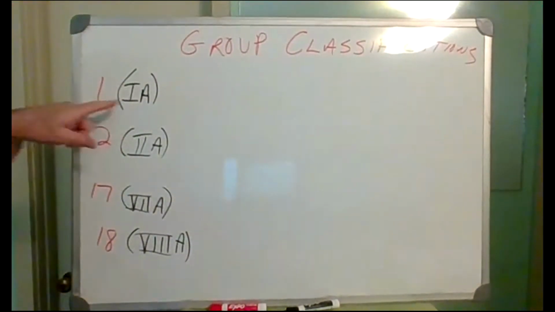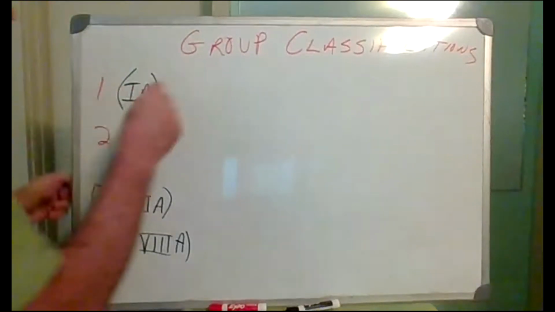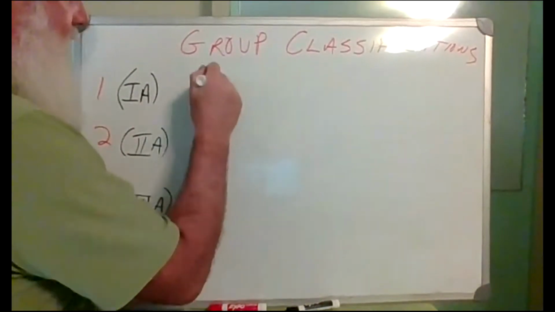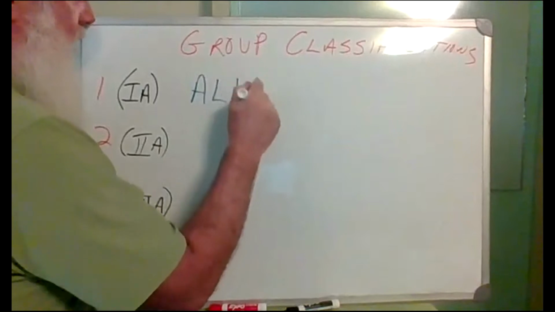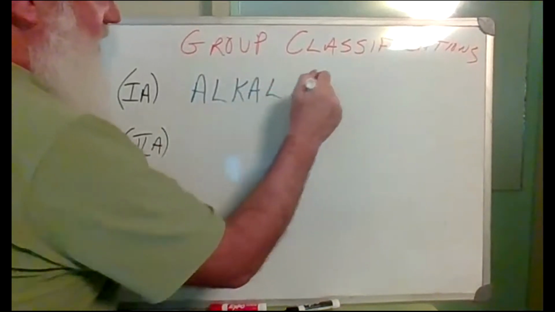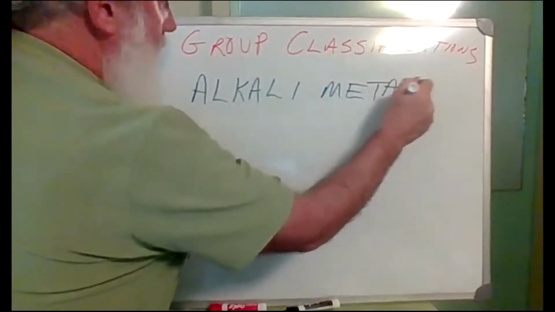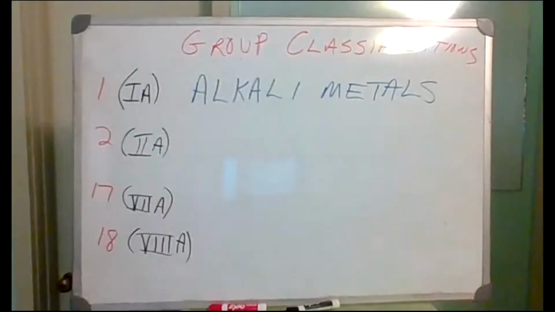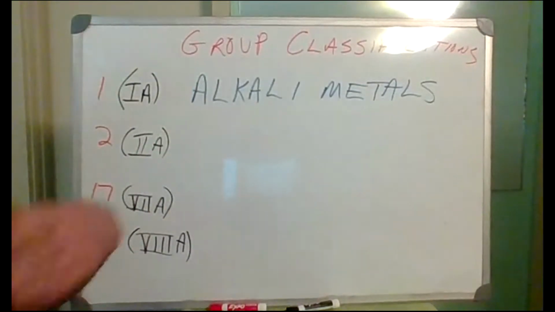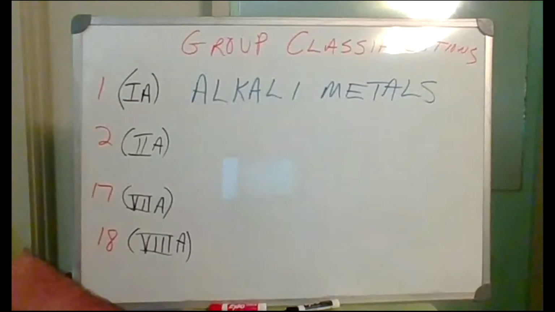So group 1, or Roman numeral group 1A, is called the alkali metals. Notice that does not include hydrogen because hydrogen is not a metal. Quite often students will screw that up. I'll give like 5 or 6 elements and say circle the elements that are alkali metals and people will circle hydrogen.